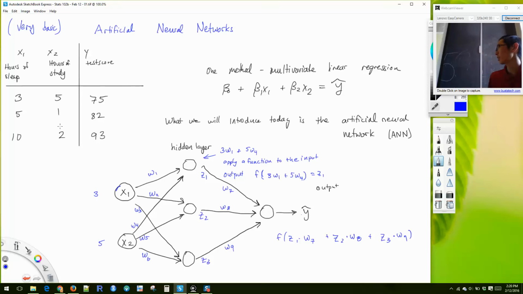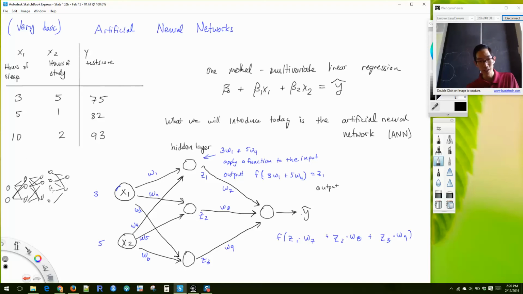Okay, and then we could complicate neural networks more by having additional hidden layers. Like you could have something like this feeding into a hidden layer, and then that gets fed into another hidden layer, maybe even more, whatever. And then they all get fed into whatever output we're looking at, or you could have multiple outputs.